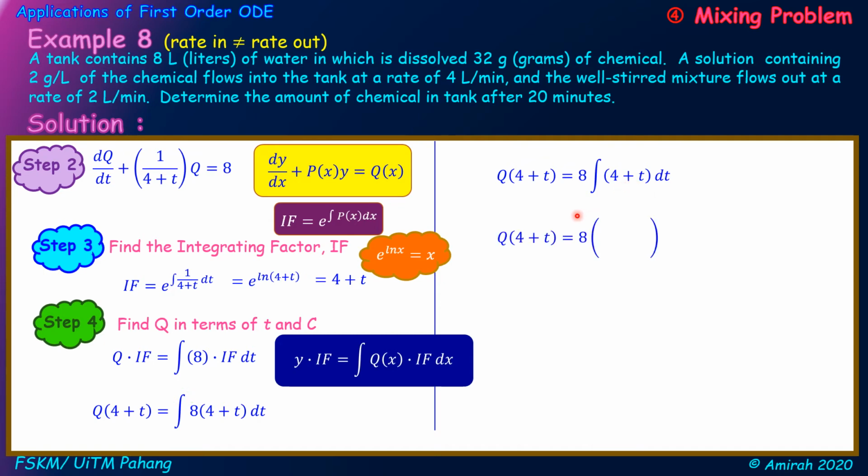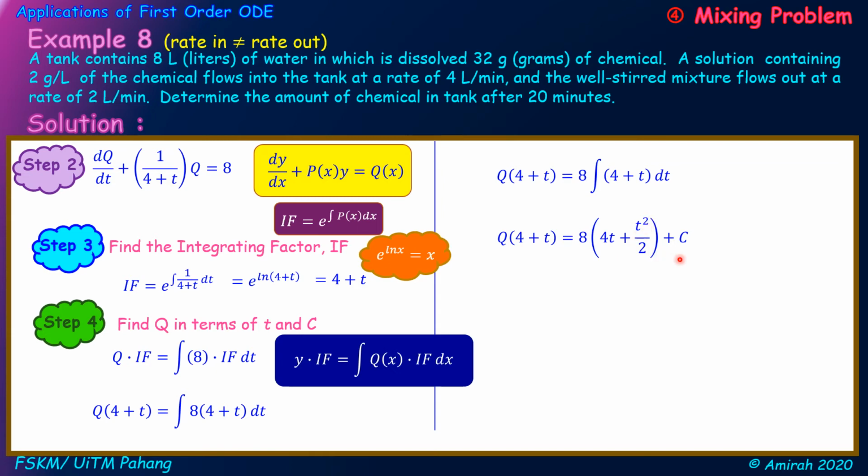Then we can integrate. For the left hand side, we don't need to integrate because there is no integration sign. We just integrate the right hand side only. We still have the constant here. Then we integrate 4 with respect to t, so we get 4t, plus we integrate t with respect to t, so we get t squared over 2.